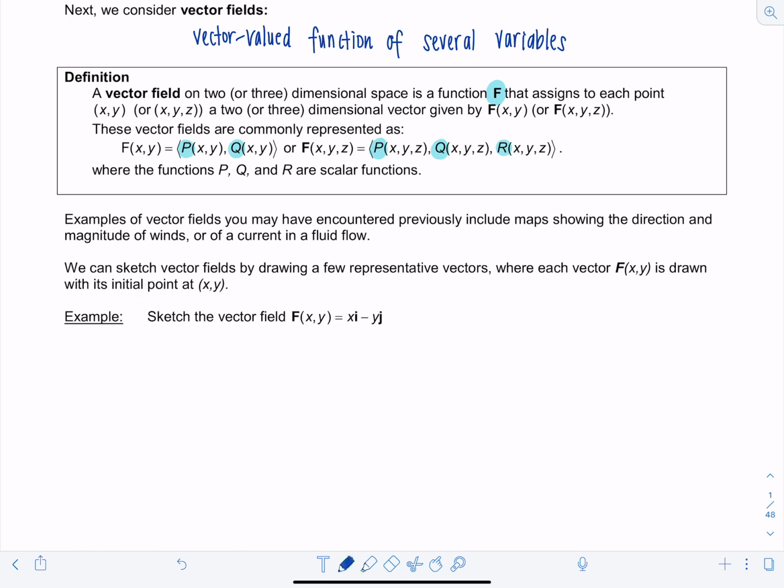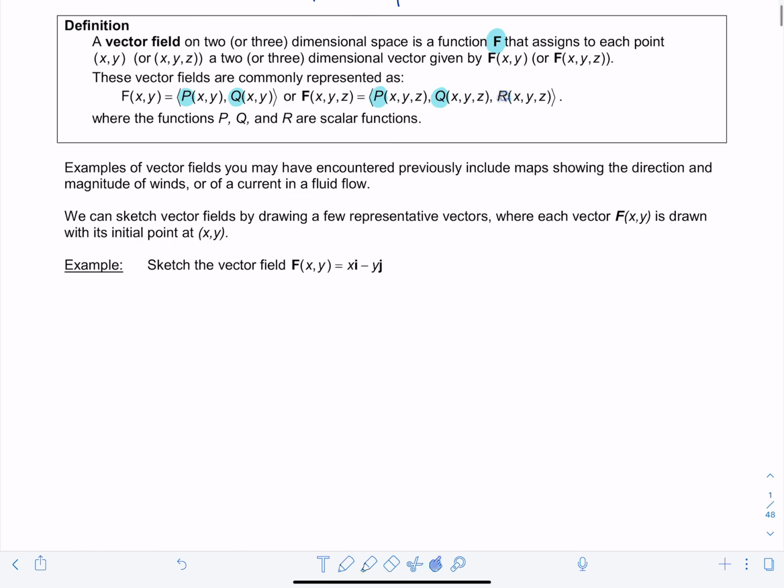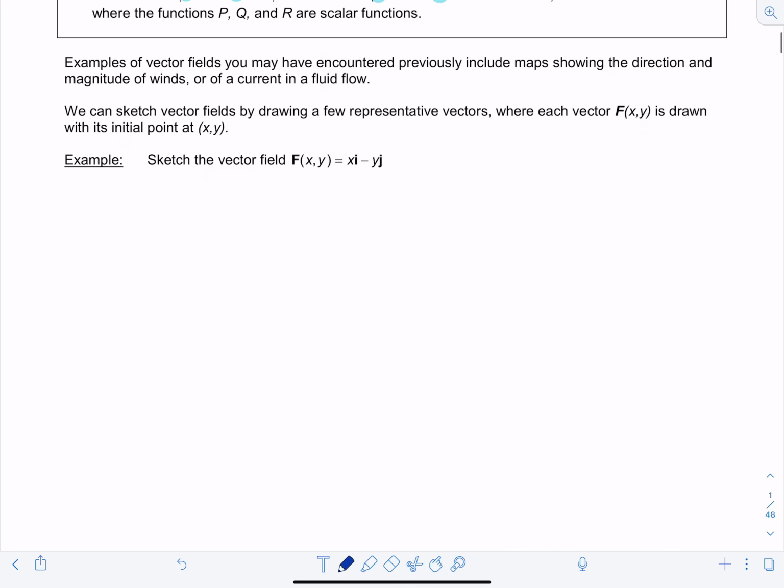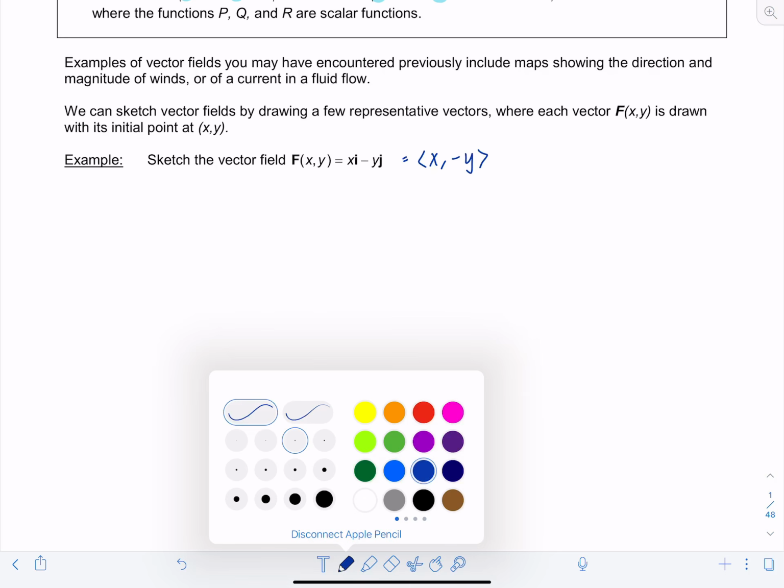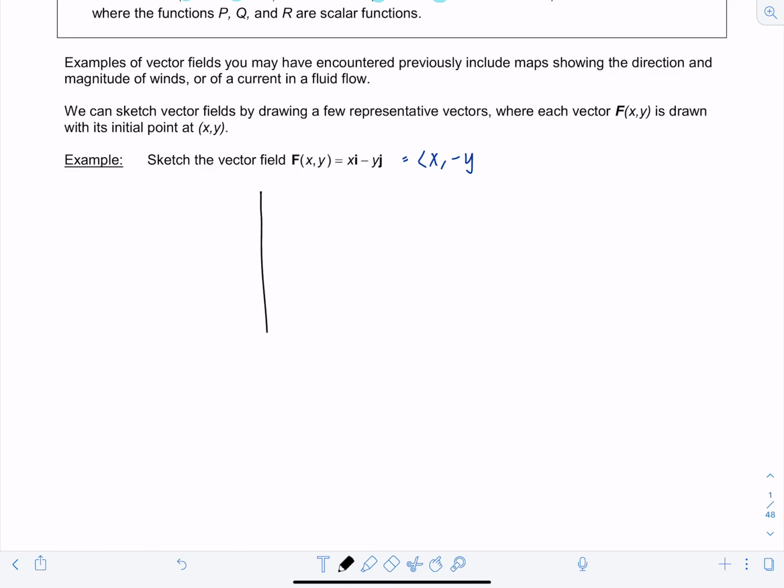So if you want to rewrite the vector field as just <x, -y>, and then play around with what sort of inputs you want to use for x and y until you get a feel for what's going on here. So let's see, I'll scale out maybe just to 5 in all directions.